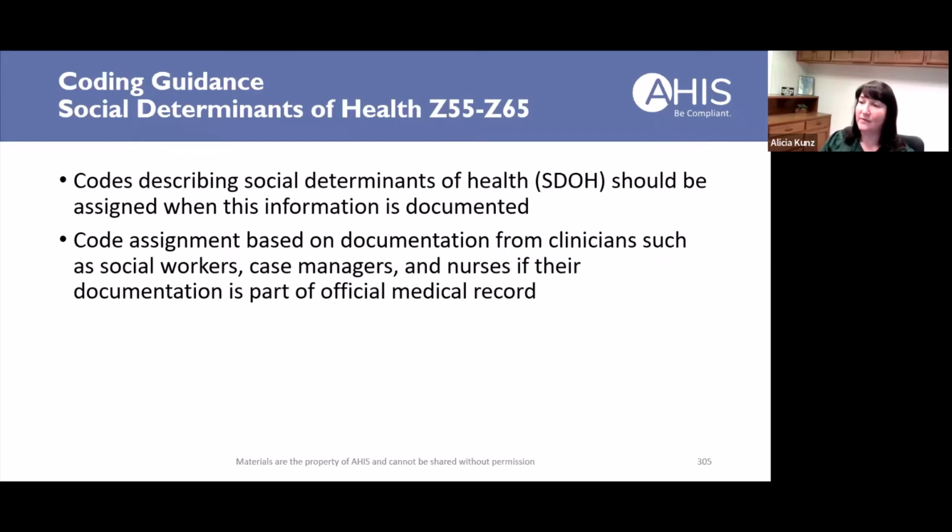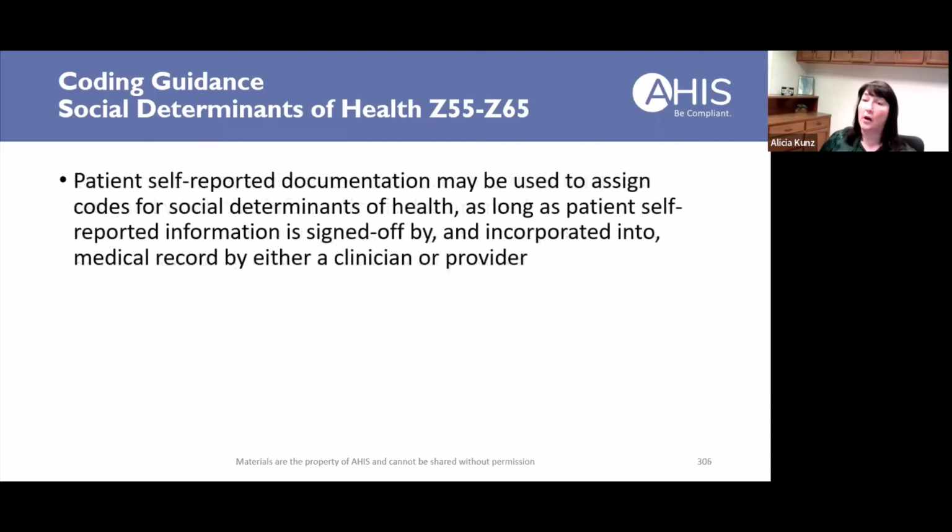And we can get this information based on documentation from clinicians other than the physicians. So other people who are documenting it in the official medical record: social services, case managers, nurses, that sort of documentation we can code.